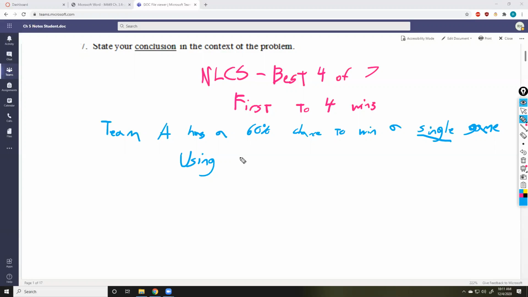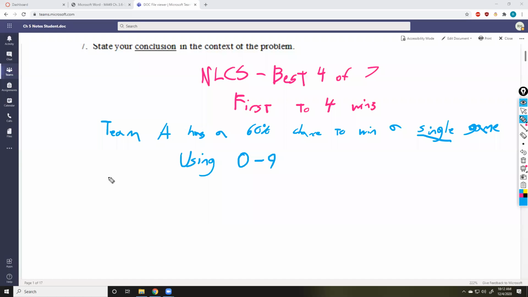So using the digits 0 through 9, we're going to simulate this 60% chance to win a game. The way that we're going to do that is that we're going to have 6 out of these 10 digits represent a win, and 4 out of the 10 represent a loss.